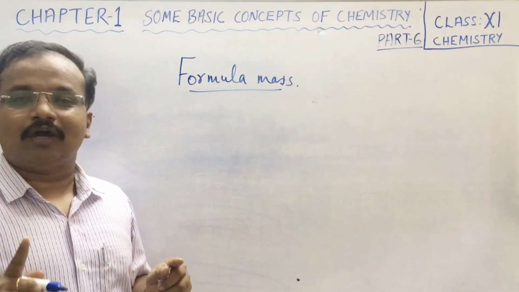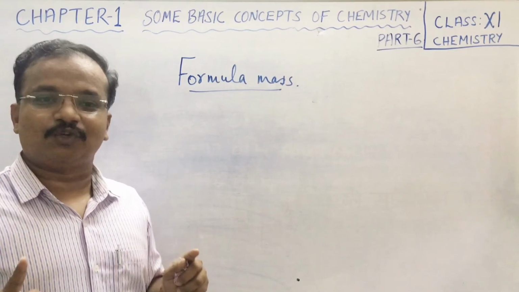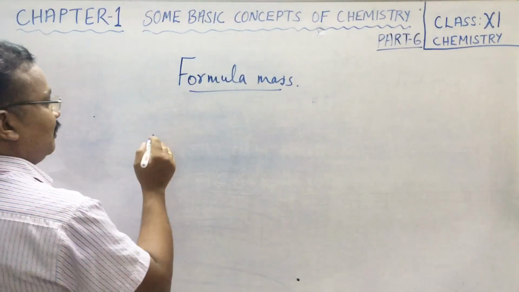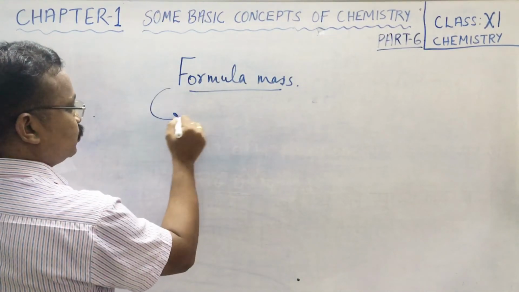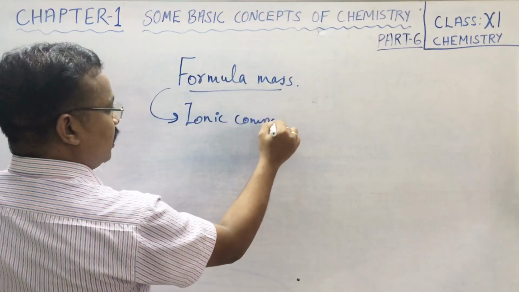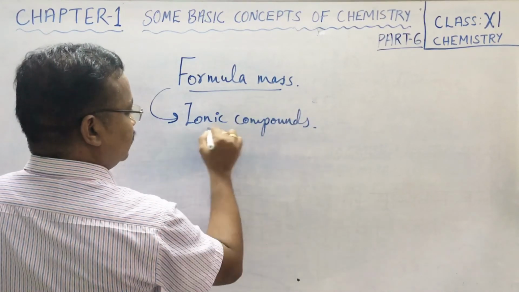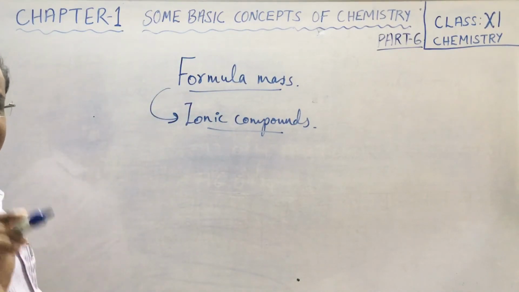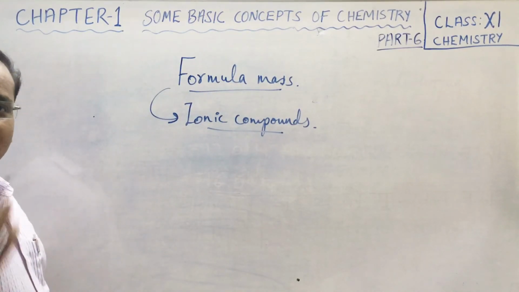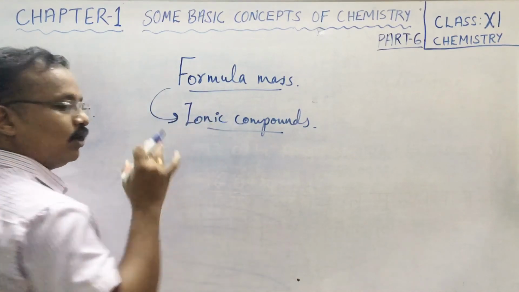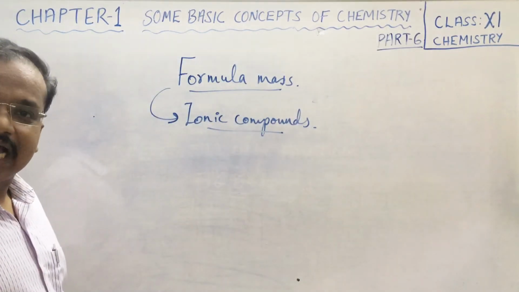The only difference is that formula mass is used for ionic compounds. The mass of ionic compounds we calculate as formula mass. It is not a new concept at all. Formula mass means the molecular mass of ionic compounds.